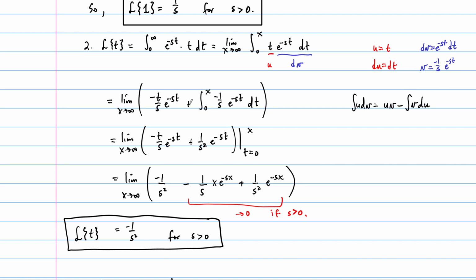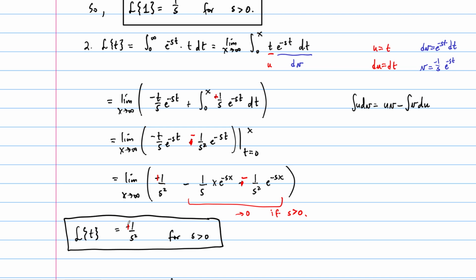I was going too fast, and when I plugged in, the minus sign from this one would cancel with the minus sign from this one, and so this sign right here, I'll write it in red, should be plus. Which means that this sign should be minus, and that changes the signs on this and on this. It doesn't change anything here because that limit's going to be the same. But our answer here should be positive 1 over s squared.